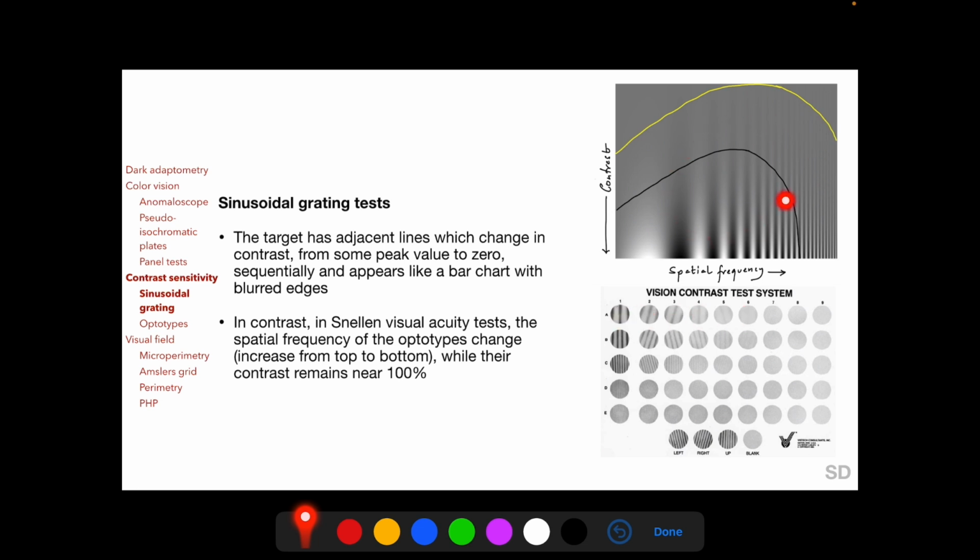So in this chart, the patient has to locate along each bar the minimum contrast at which that bar disappears, and in this chart, the patient has to detect the orientation of the gratings, whether left, right or up. In contrast, in the Snellen visual acuity tests, the spatial frequency of the optotypes increases from top to bottom of the chart, while their contrast remains constant near a value of almost 100%.